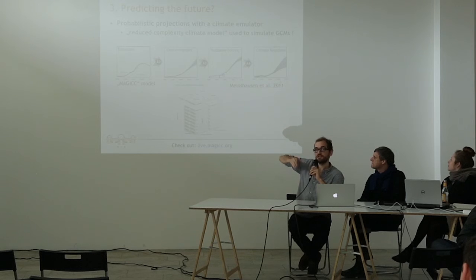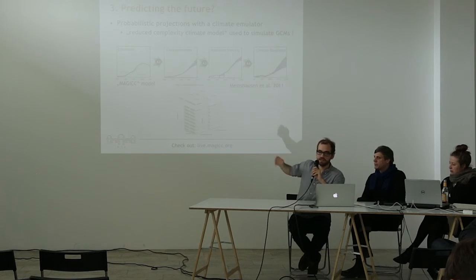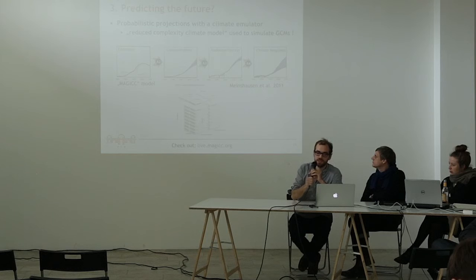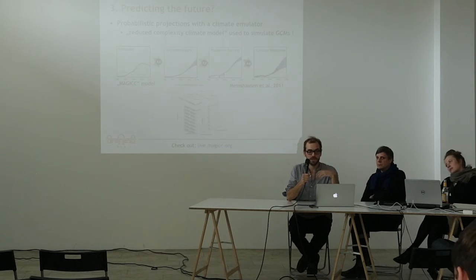So from emission to concentration in the atmosphere, to radiative forcing, which is the additional energy to the Earth coming from greenhouse gases, and to the eventual climate response, which is temperature, all of that probabilistic. So for every emission scenario you end up with a number of pathways of temperature warming in a probabilistic way.